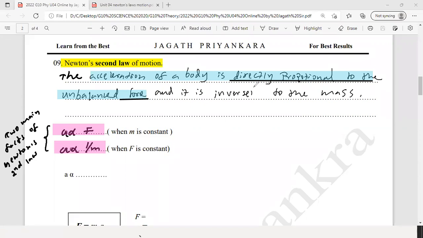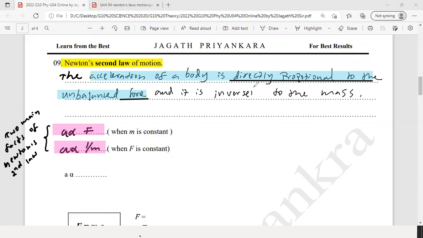When you accelerate the vehicle, that means more force, so the vehicle is moving fast. That is the first one. But when the vehicle is a loaded lorry climbing a mountain, it's very difficult. More effort.